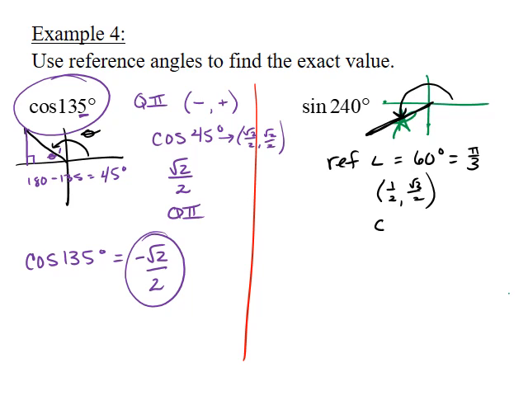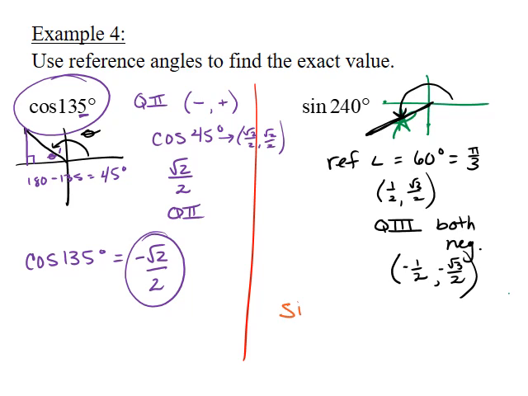In quadrant 3, I know both of these are negative. So my corresponding ordered pair becomes negative 1/2, negative root 3 over 2. And here's what we can conclude.